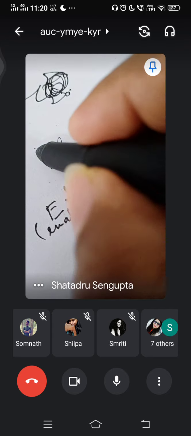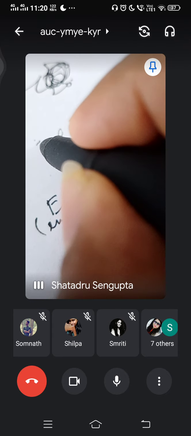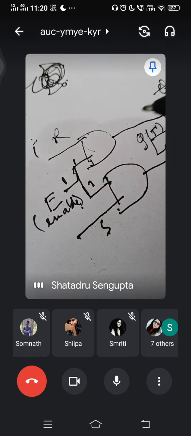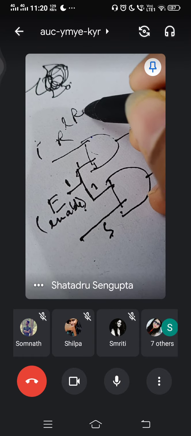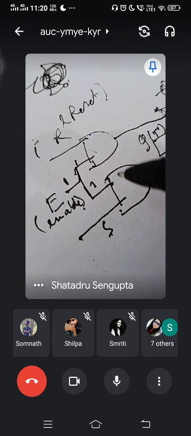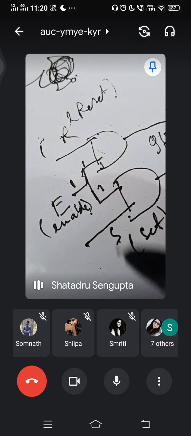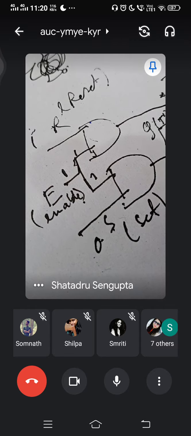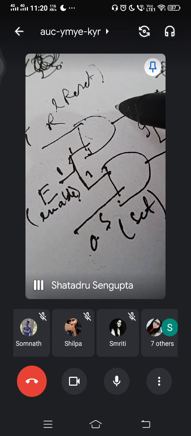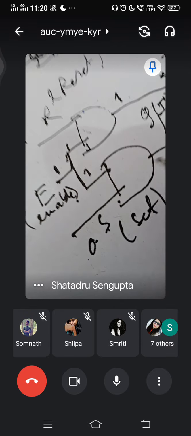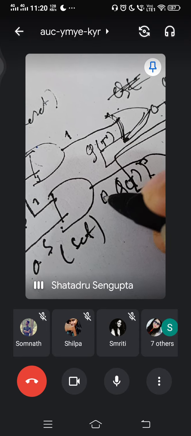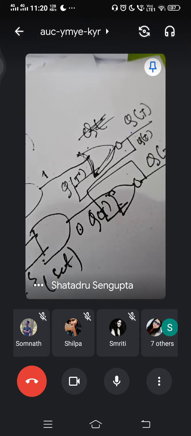So what happens if R is 1, reset is 1? If R is 1 and set is 0, this comes out as 1, this comes out as 0.